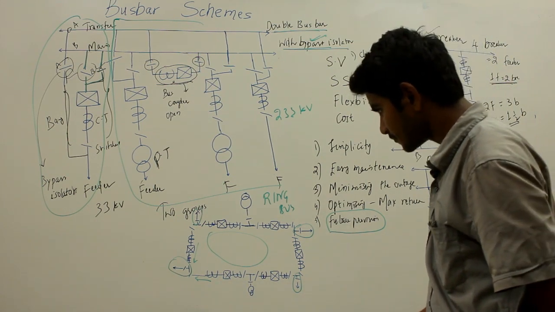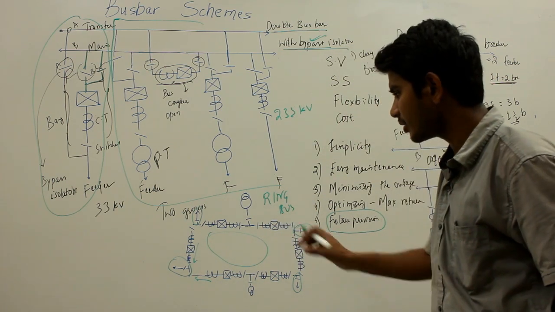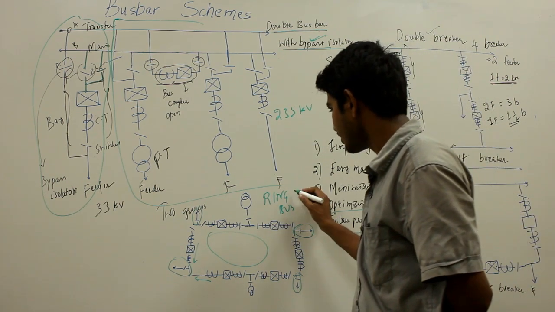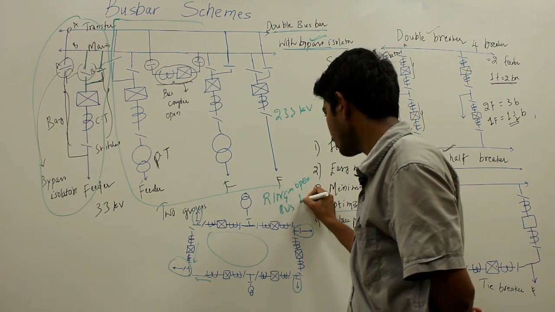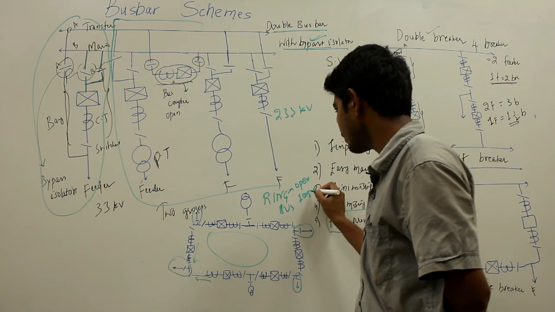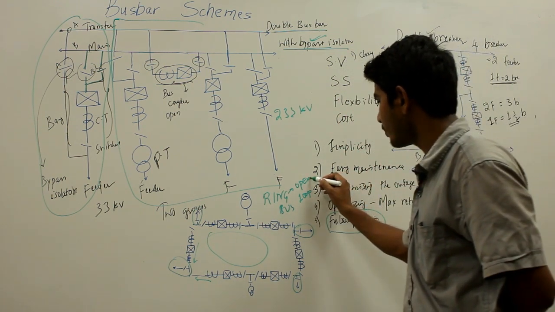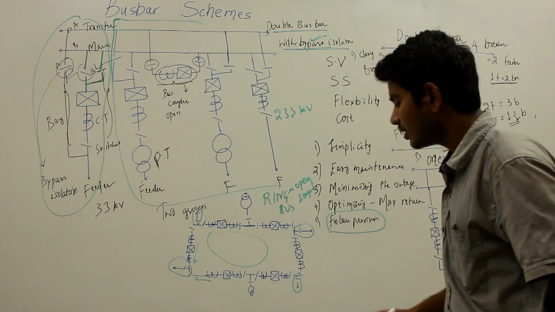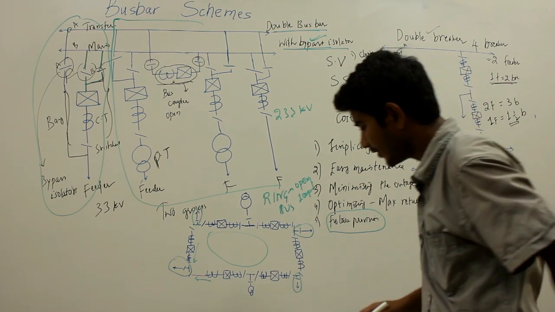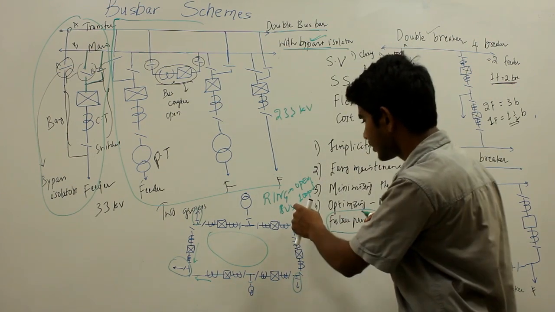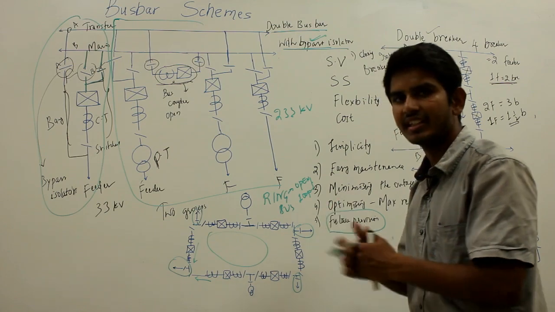And if any of the circuit breakers in the ring bus is under maintenance, then the ring bus becomes an open loop, and if any of the breakers is tripped in this open loop, then all the feeders between the tripped circuit breaker and the open loop get interrupted.